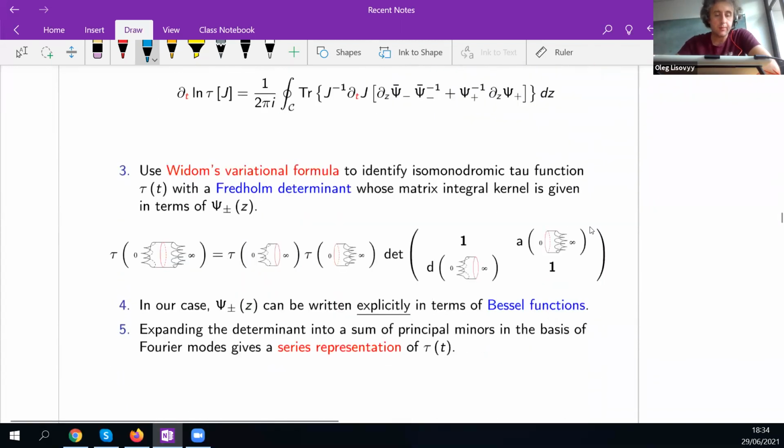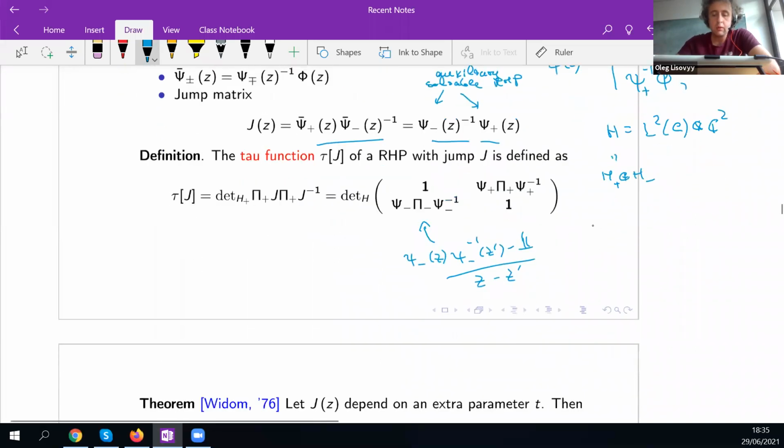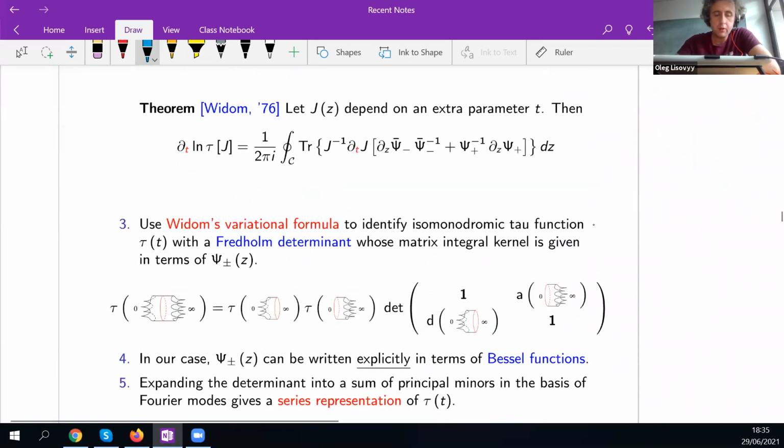Now, why is this definition good? Well, because there is a remarkable theorem due to Widom, which states the following. Suppose that our jump matrix depends on some extra parameter t.